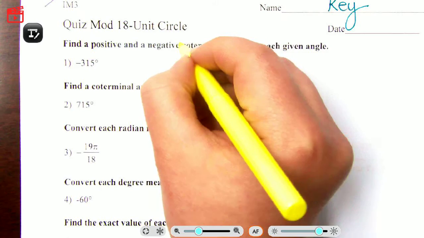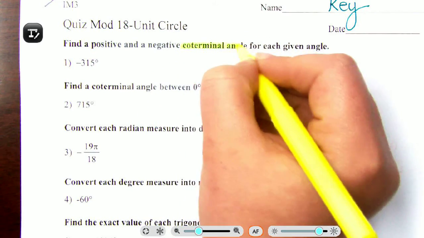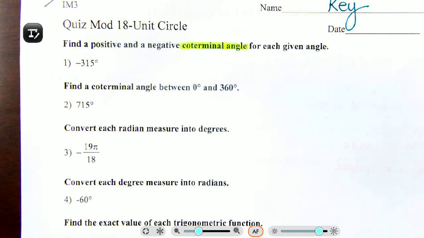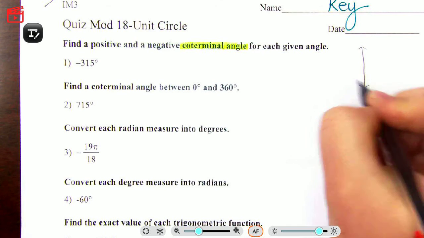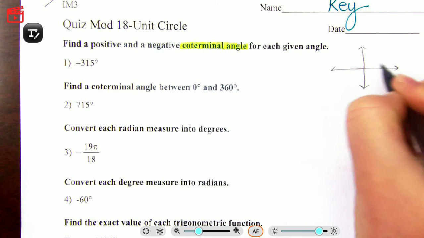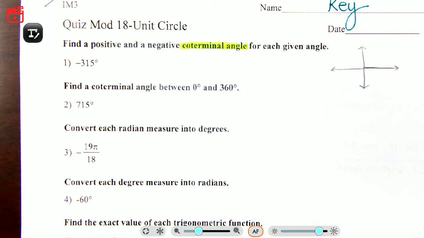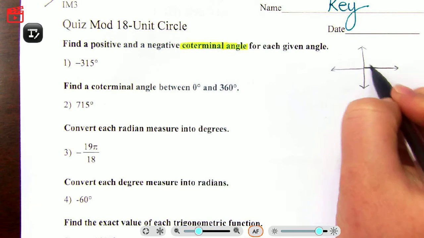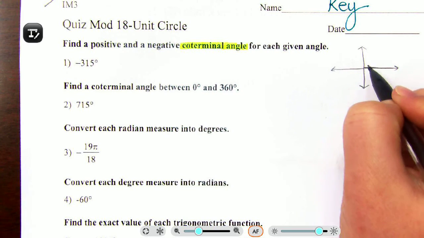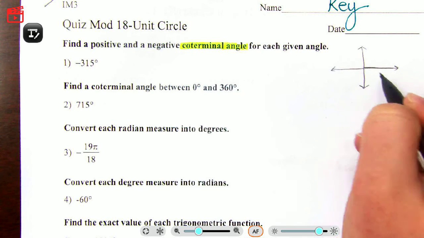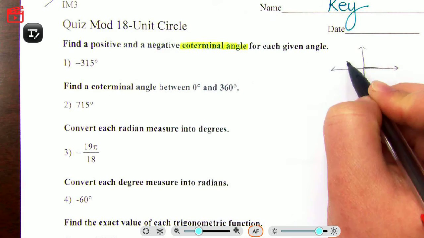Coterminal means that you start on your initial ray, or the initial side, which is always on the positive x side, and then you end at the same spot, on your terminal ray or terminal side. How many loop-de-loops you do in the middle doesn't really matter. Coterminal just means you start at the same side and you stop at the same side.